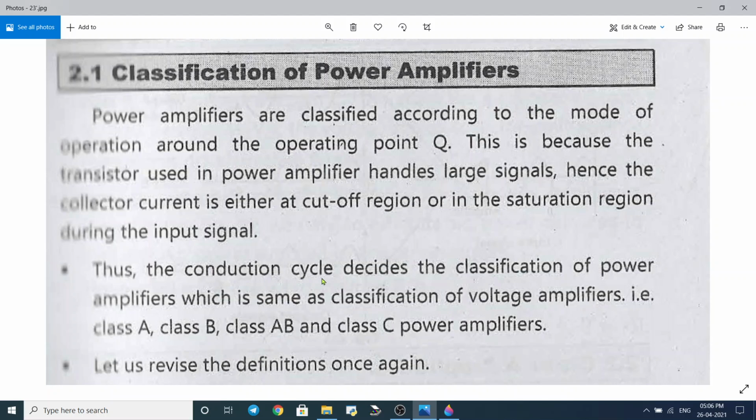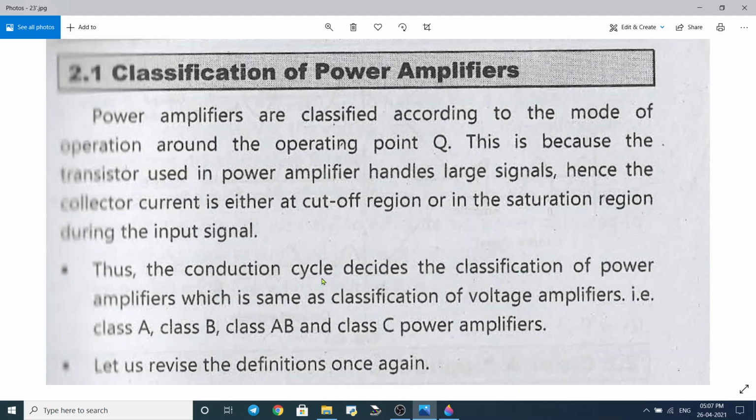Conduction cycle means if we apply a full input cycle, full wave, then how much portion of this signal is amplified by the transistor.